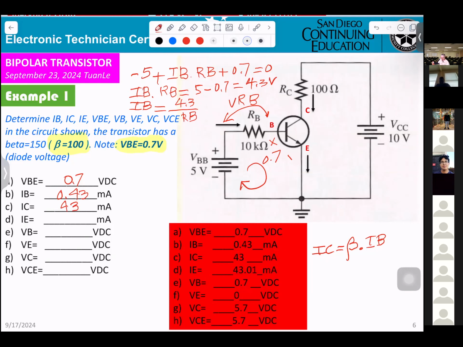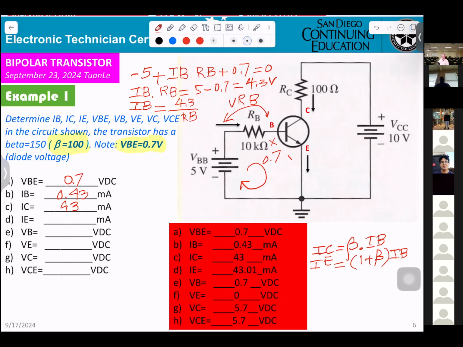And now you calculate the IE. IE equals 1 plus beta times IB. We don't want to use the formula IE equal IC plus IB, because the current is too small, and calculating by that formula is not as accurate.